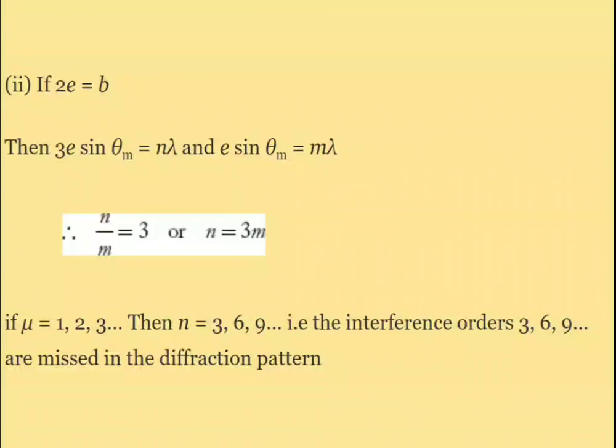By equating both equations, n by m is equal to 3. So n is equal to 3m. Now substitute the values of m as 1, 2, 3 and so on, then the orders are 3, 6, 9. That is, the interference orders 3, 6, 9 are missed in the diffraction pattern.